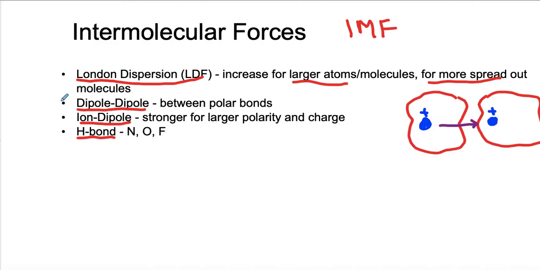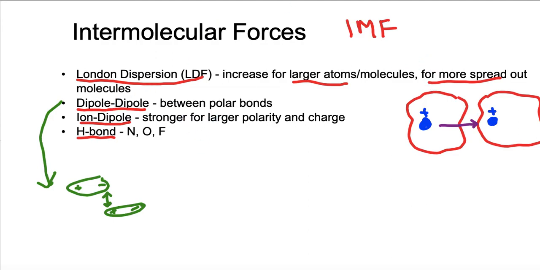So if I were to look at my dipole forces, I have a positive and a negative side of one molecule, and I have a positive and negative side of the other molecule, and they're attracted to each other because of this. So this is stronger than LDF, but still weaker. If the molecules are big enough, though, LDF could be stronger than dipole-dipole.